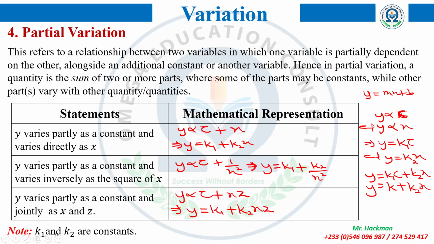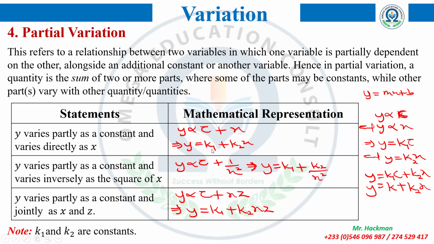The reason why I wrote here k1, k2 are constants, but I cannot write they are constants of variation, is that the k2 here is a constant of variation, but the k1 here is not automatically a constant of variation because it's a constant of variation times another constant. It was a constant of variation times another constant that gave us a new constant. So your new constant here is not really a constant of variation. You get my point?